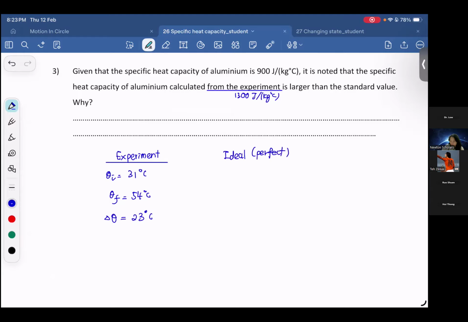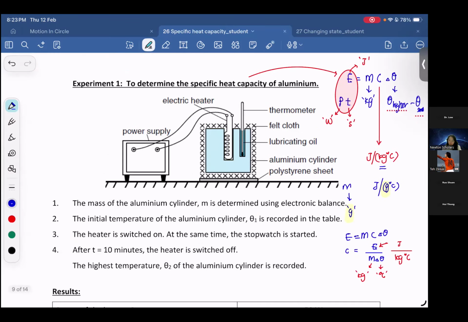In the ideal case, everything perfect, the initial temperature is 31 degrees Celsius. Can you see our experiment setup? We're using the cloth to wrap it, and the polystyrene board here. All we want to do is reduce the heat loss to the surrounding.